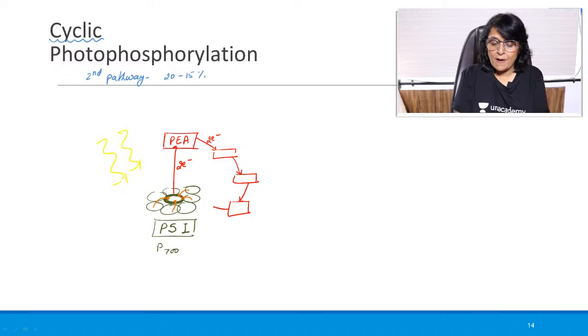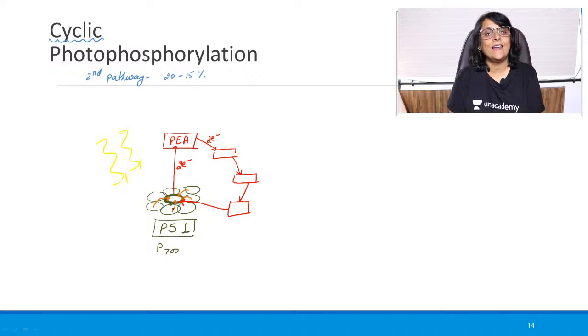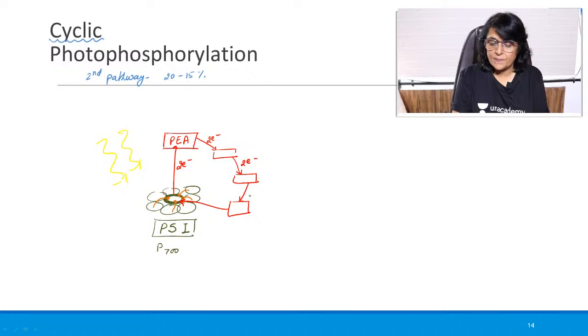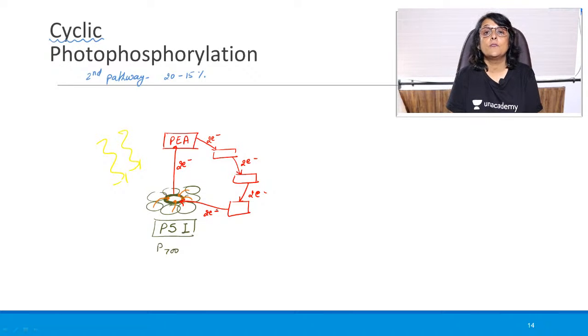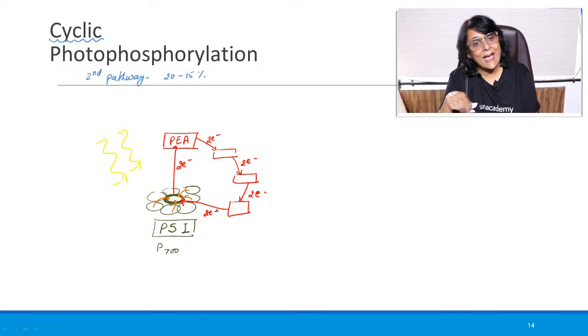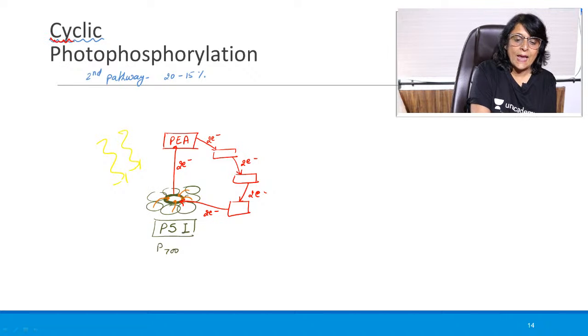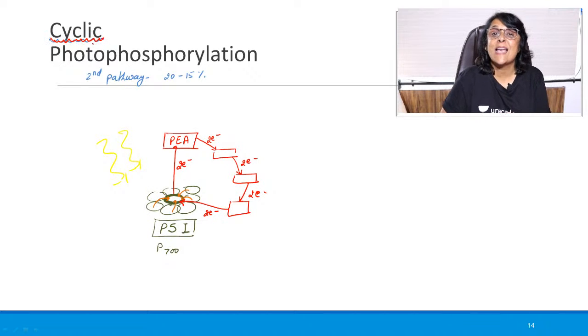And now you know why we call it cyclic photophosphorylation. This pair of electrons which was excited, or which leaves photosystem 1, comes back to photosystem 1, and that is why we are calling it cyclic.